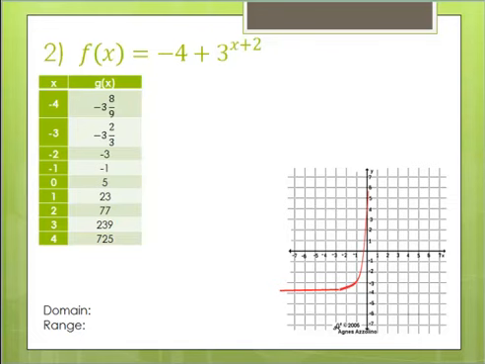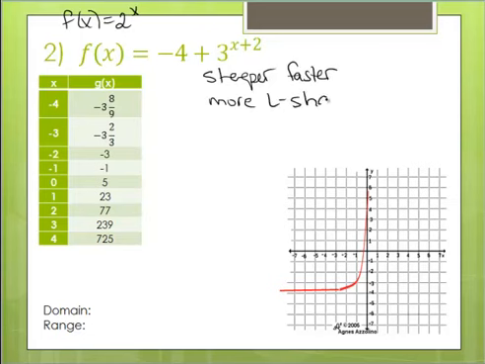How about this one? This one's a little more complicated. So we change the base, compare it to this one. We change the base from a 2 to a 3, so it's steeper faster. It's more L-shaped. What about the plus 2 inside?